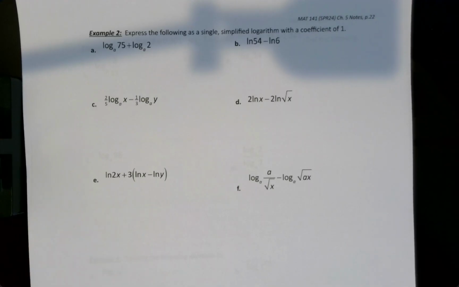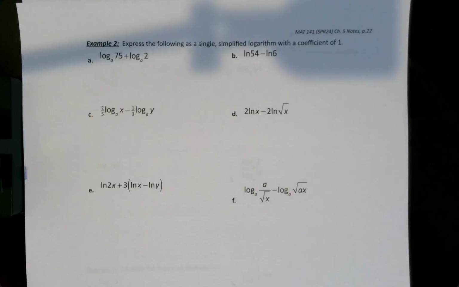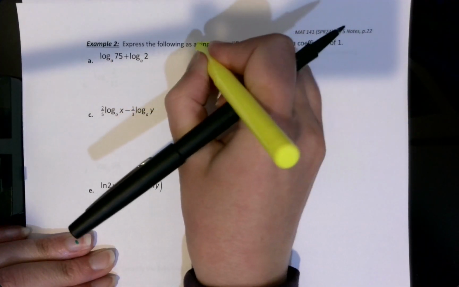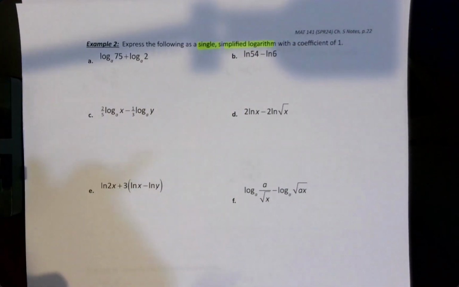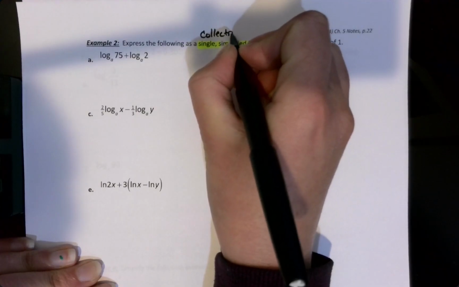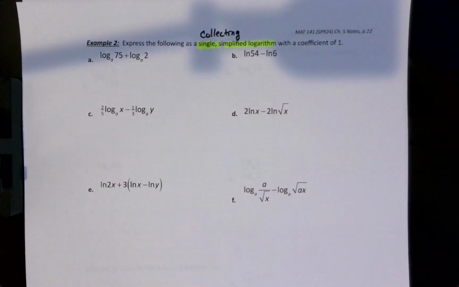Okay. On the next page, we are now going to be doing the opposite. Instead of expanding, we are going to be expressing these as a single simplified logarithm. So we're going to be collecting terms into one logarithm.